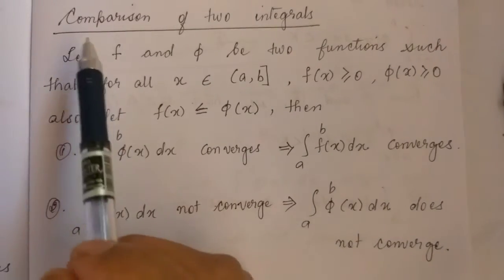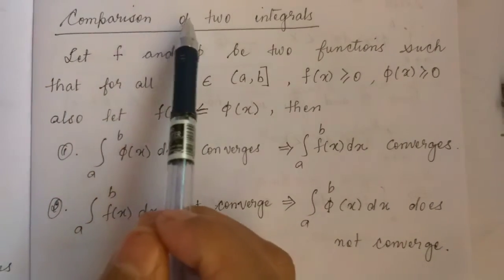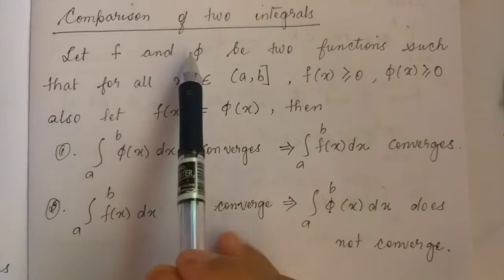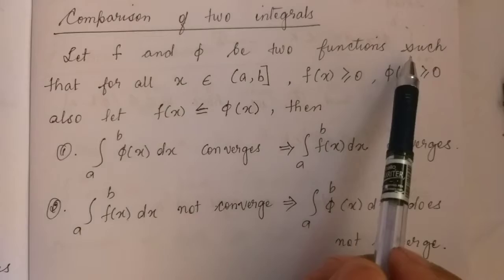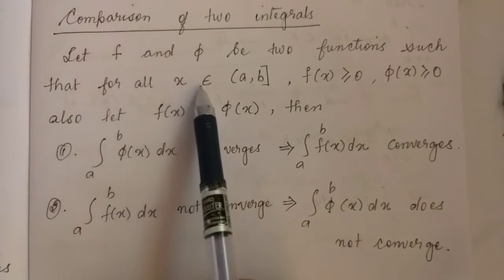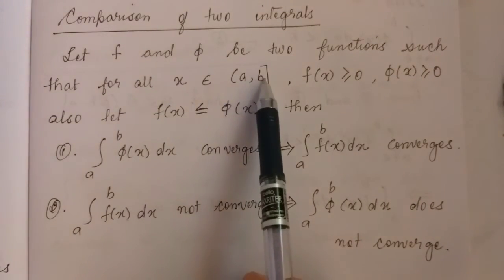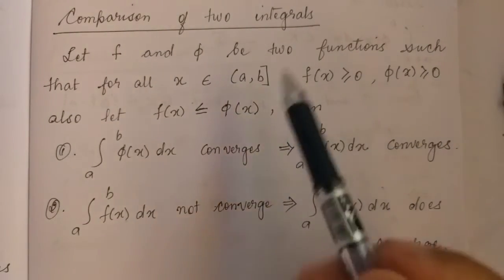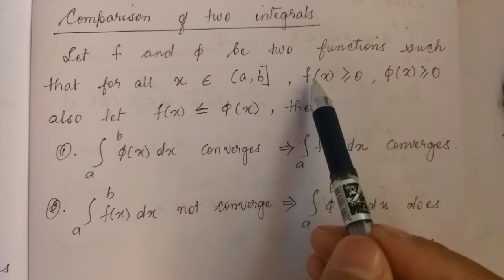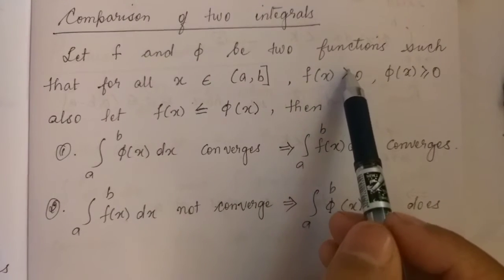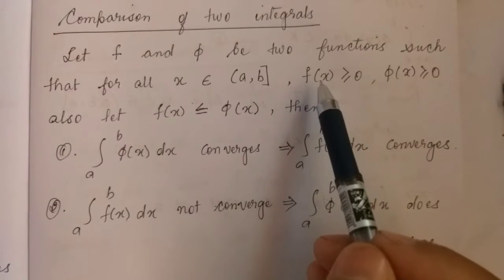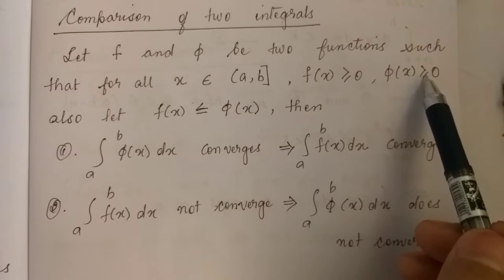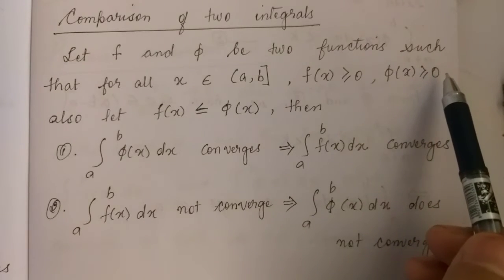We have another test, that is the comparison test of two integrals. Let the functions f and phi be two functions such that for all x belonging to the interval a to b, the integrand f of x is greater than or equal to 0, and similarly phi of x is greater than or equal to 0.